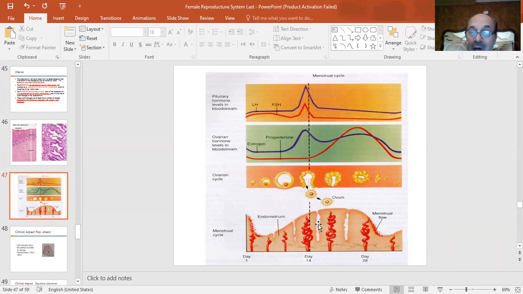That is why, I remember when I talked about the function of the corpus luteum, we said that it will secrete the hormone to maintain the thickness of the endometrium until the formation of the placenta.